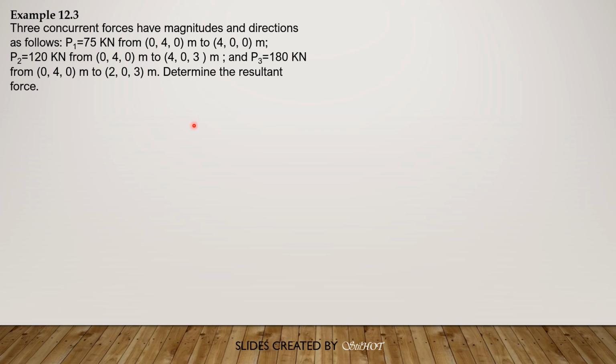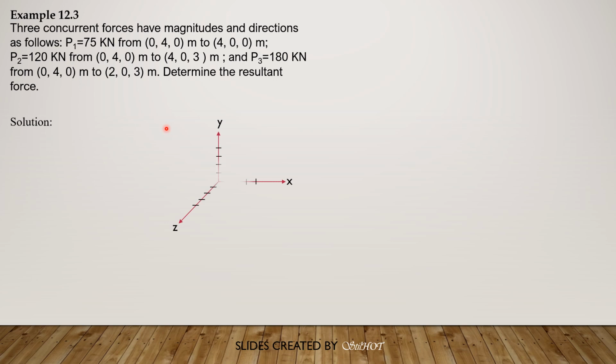And P3 equals 180 kilonewtons from (0, 4, 0) meters to (2, 0, 3) meters. Determine the resultant force. These three forces are concurrent about the point (0, 4, 0).